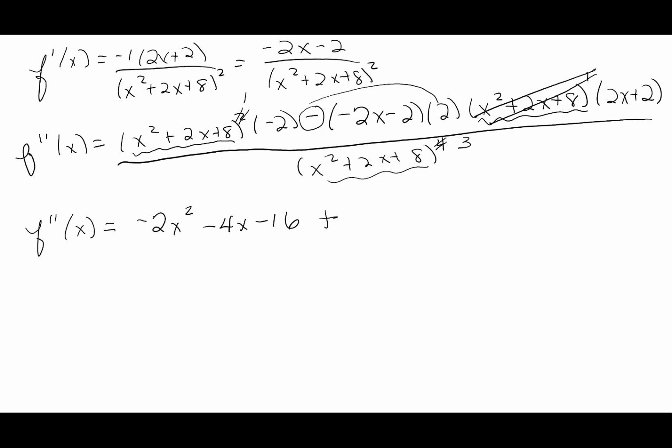So I'm going to write plus in between. -2 times -2x is positive 4x. -2 times -2 is positive 4. Keep that in parentheses because we're not done with it. We still have this 2x plus 2 at the end. So be careful, you could have stuck the negative through and multiplied by 2. I just said, let's think of it as -2. I still have this bottom.